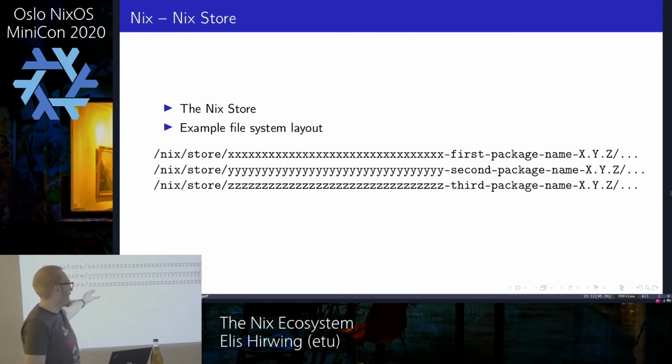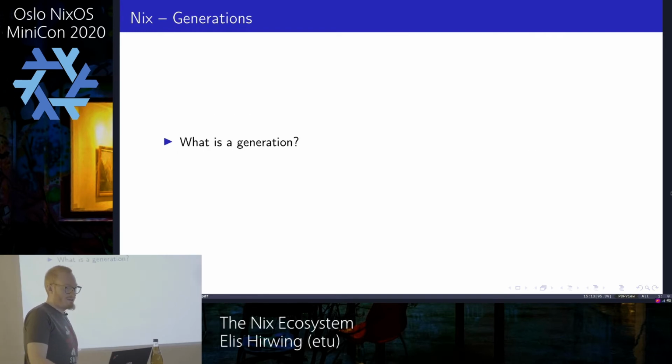And then all the dependencies are dynamically linked to the things on a specific path in the store. That way we can achieve dependencies that share dependencies, but they don't conflict in versions since they are in different paths. And using this file system layout, we can achieve generations.